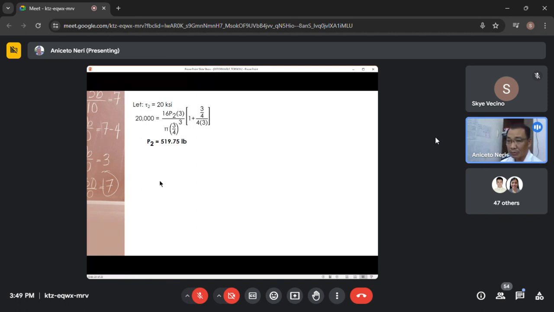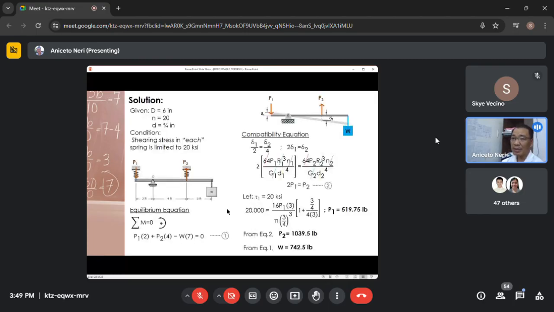And from equation 2, which is 2P1 equals P2, we can solve for P1. And then you have P1 and P2, you can solve for W. That gives 371.25.